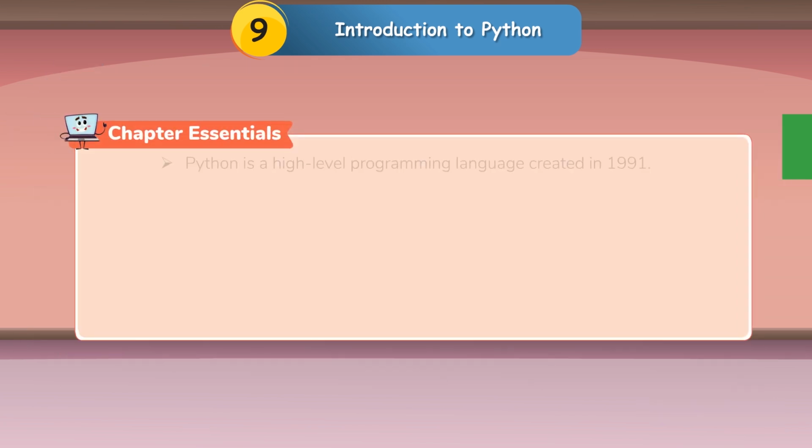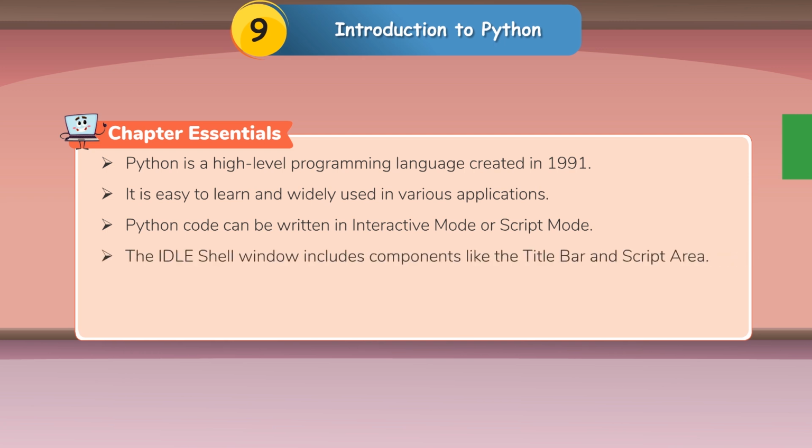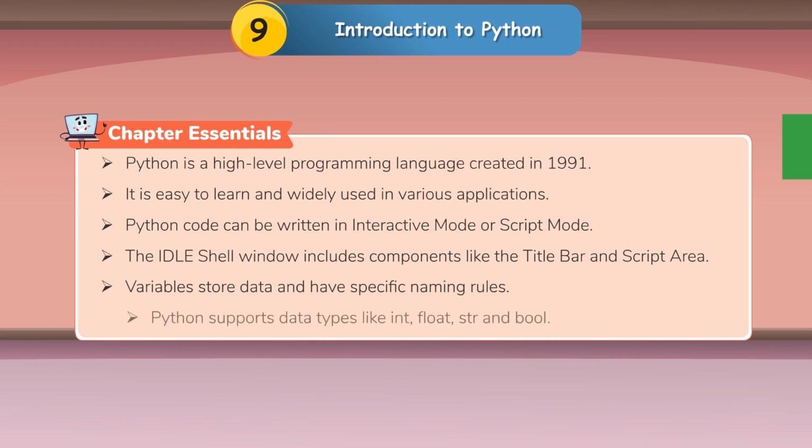Chapter essentials. Python is a high-level programming language created in 1991. It is easy to learn and widely used in various applications. Python code can be written in interactive mode or script mode. The IDLE shell window includes components like the title bar and script area. Variables store data and have specific naming rules.